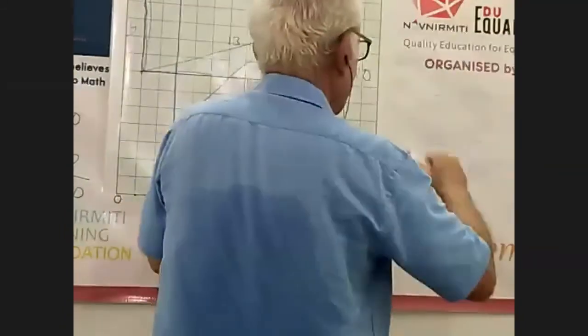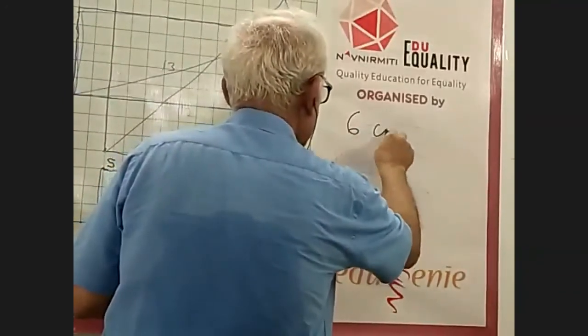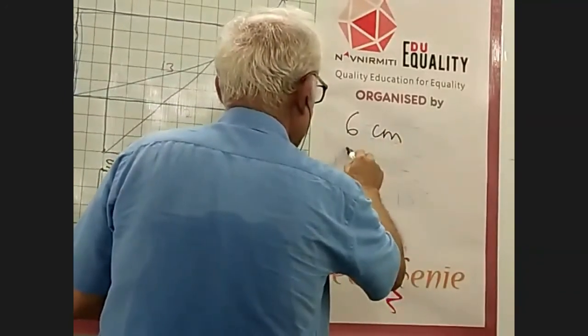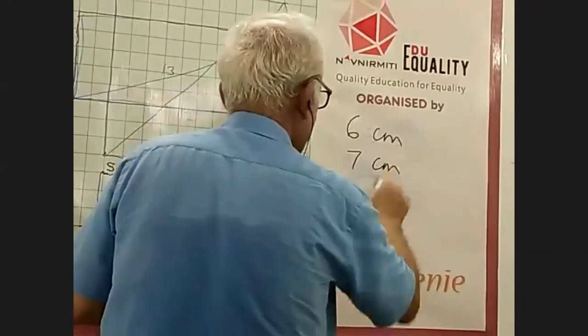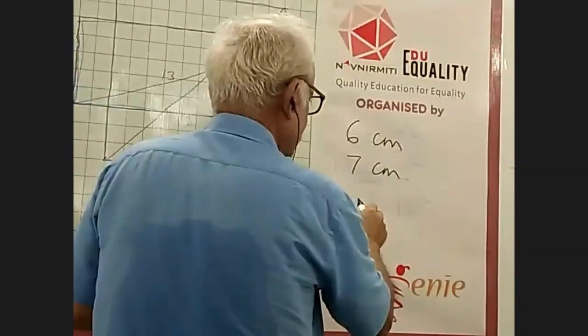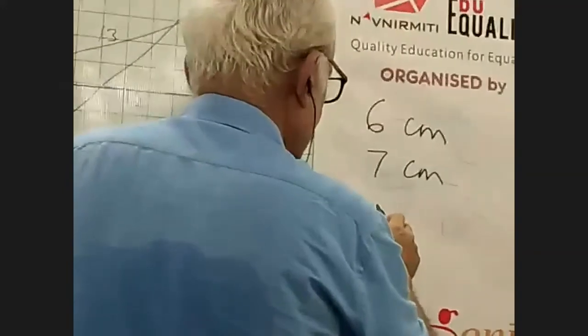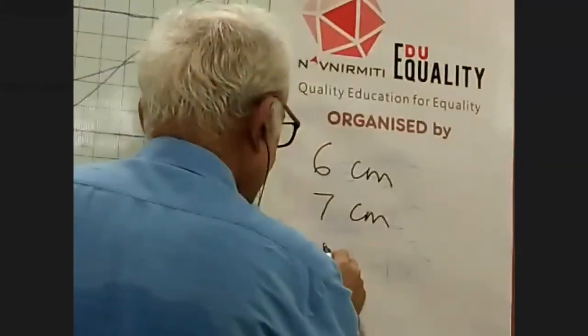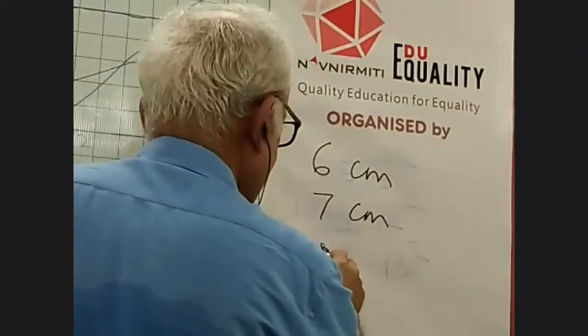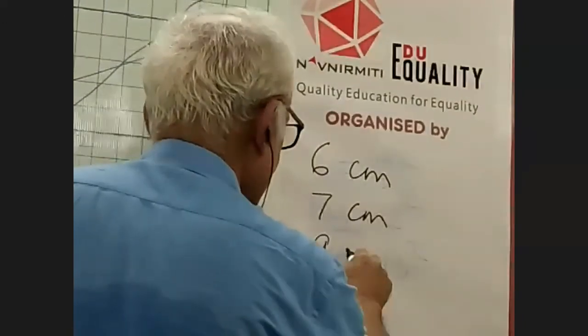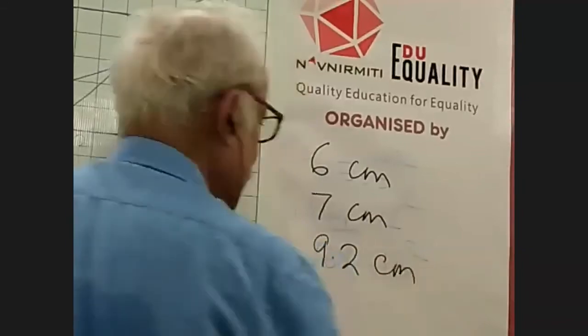Draw a rectangle, one side as 6 centimeters, the other side as 7 centimeters. Draw the diagonal and verify that the length of the diagonal is around 9.2 centimeters. Yes, correct.